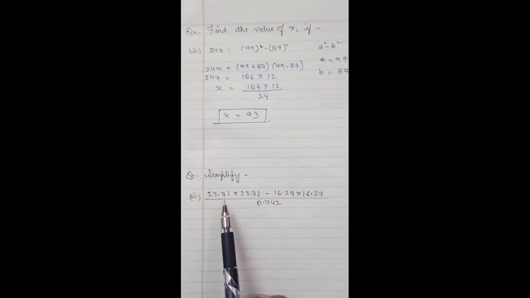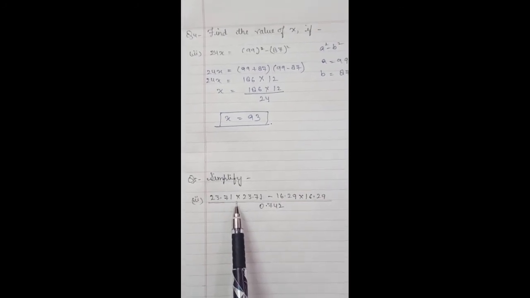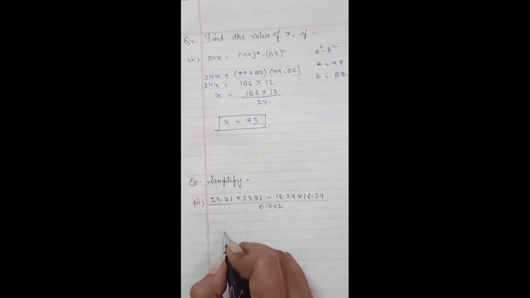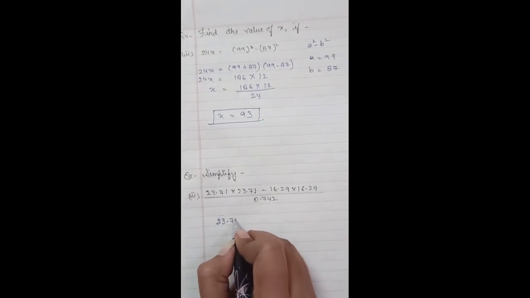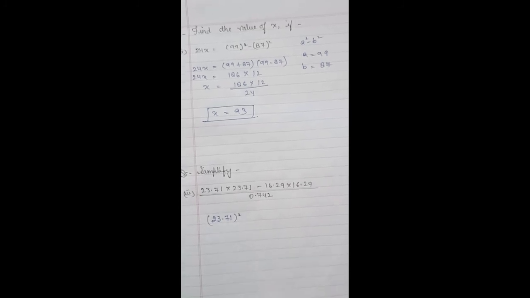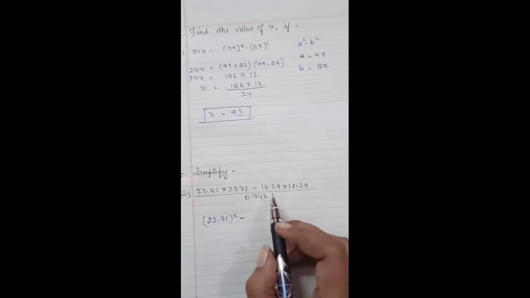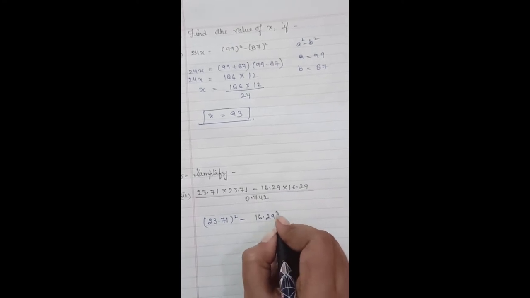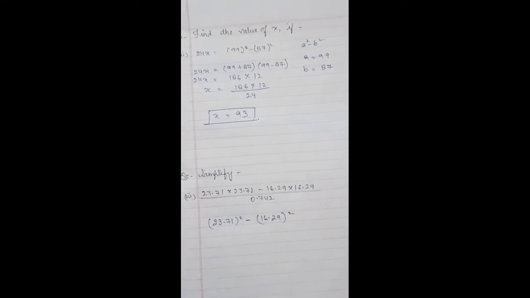Now this is simplify. Now see here 23.71 multiplied by 23.71. This is in multiplication, so you can write it like this also. Then minus 16.29, you can write it like this, right?